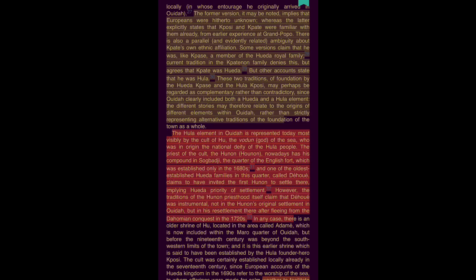The priest of the cult, the Huna, nowadays has his compound in Sagbaji, the quarter of the English fort, which was established only in the 1680s, and one of the oldest established Whydah families in the quarter, called Dohuid, claims to have invented the first Huna to settle there, implying Whydah priority over settlement. Very interesting.